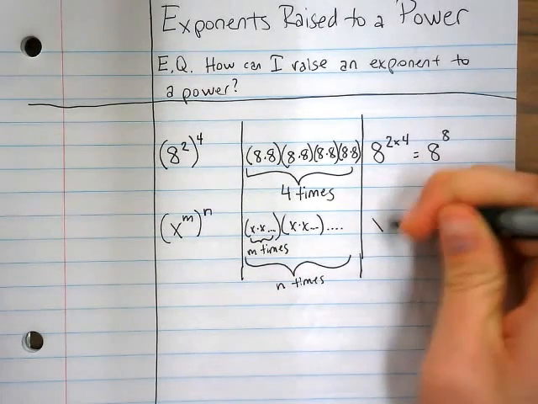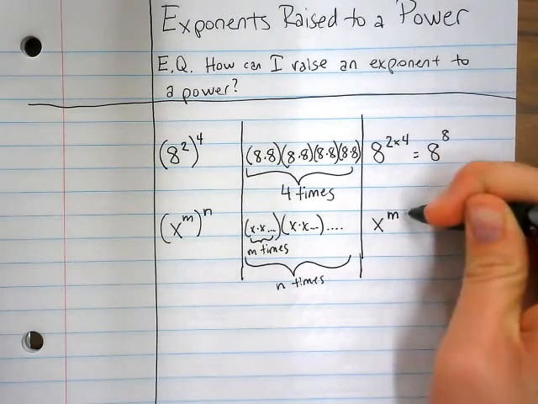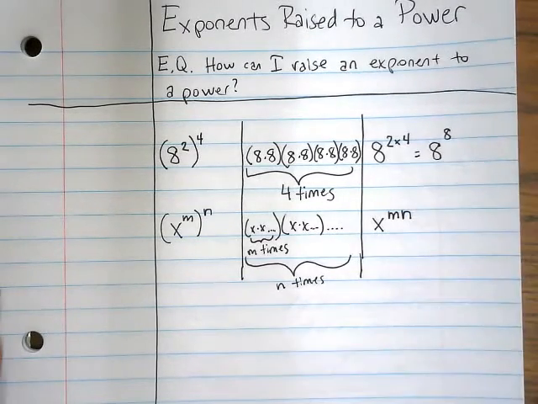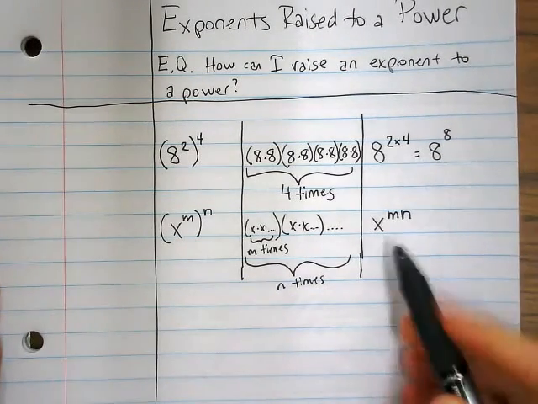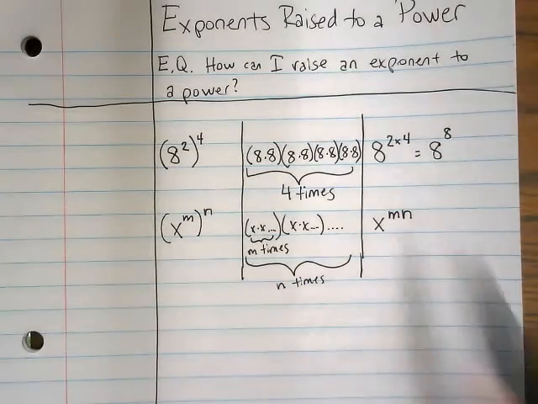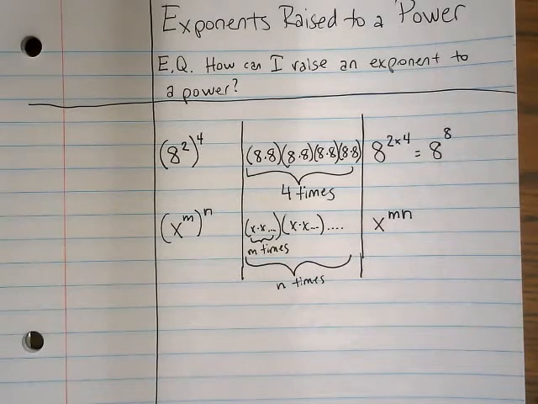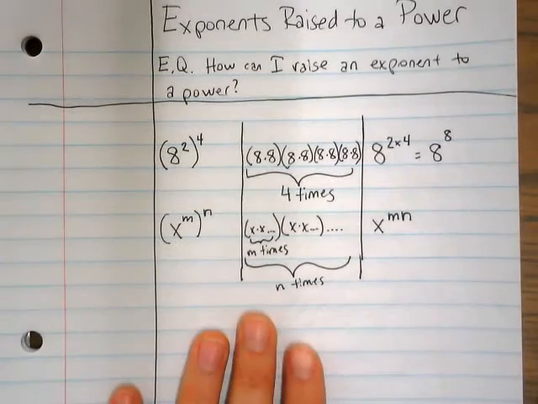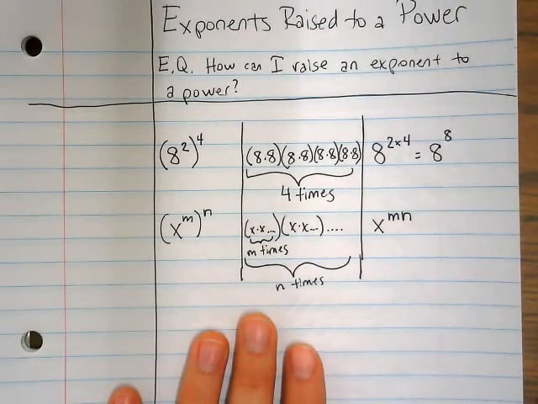And so what we end up getting is x to the m times n, but mathematicians are too lazy to write that times symbol, so they just put x to the mn, which means the same as x to the m times n. And that wraps up the notebook portion of today's lesson.